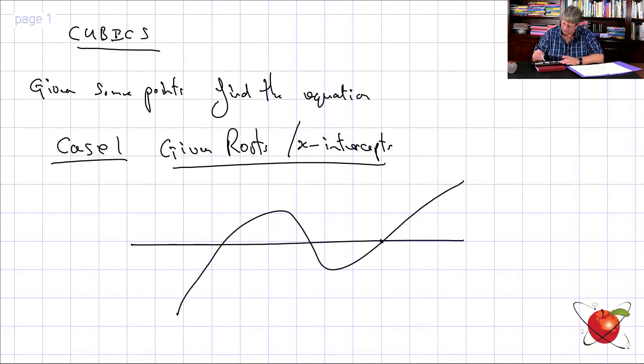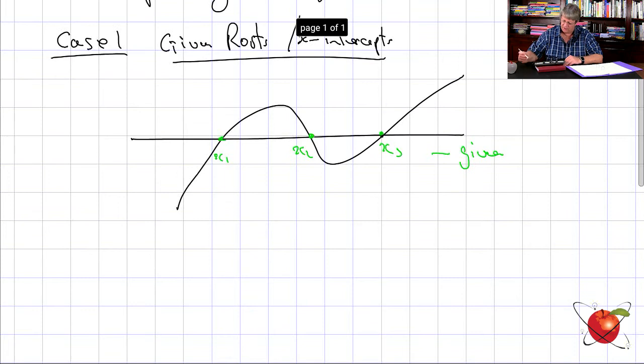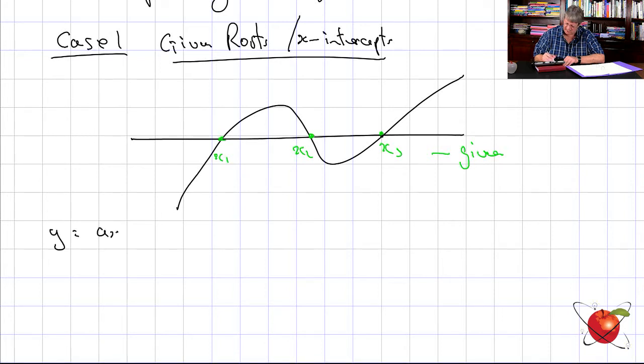I've got here x1, x2, and x3. Now, these are given. And yes, you have to know this. The general form of a cubic we know: y is equal to ax cubed plus bx squared plus cx plus d.